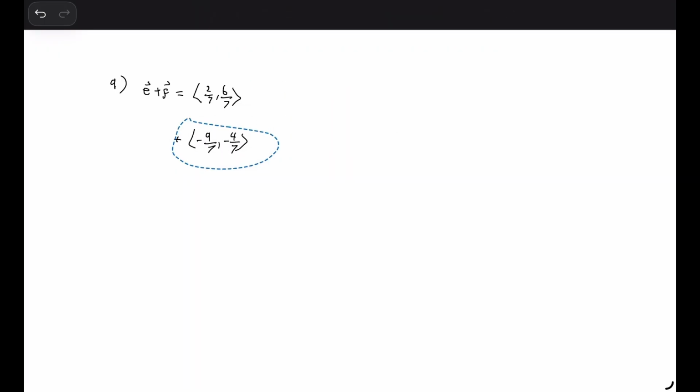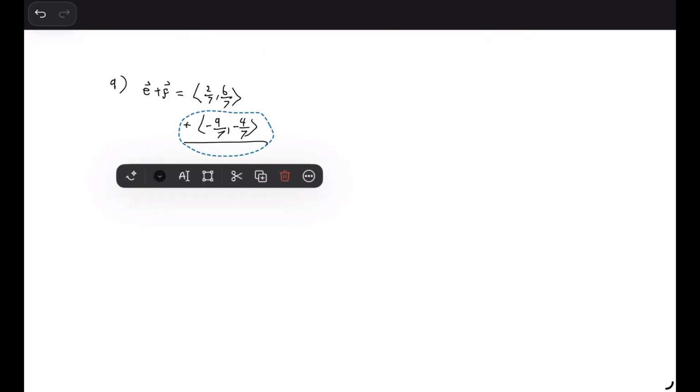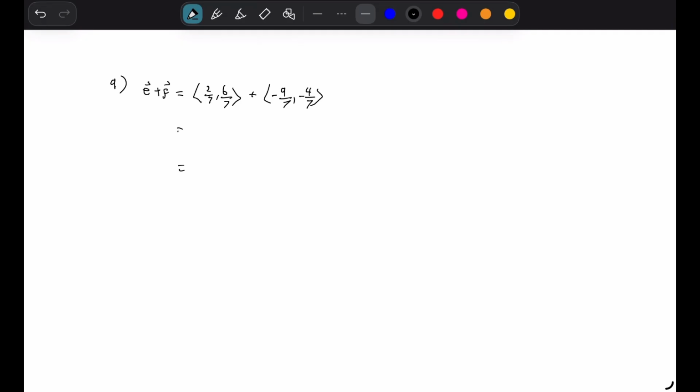I actually recommend that you just add it this way. This is going to be when you have a negative x and a positive y, aka quadrant 2.